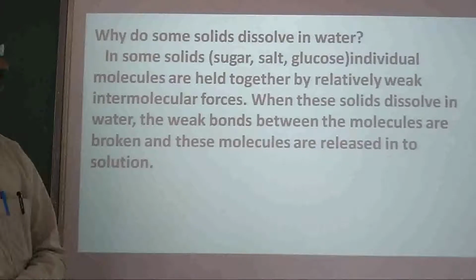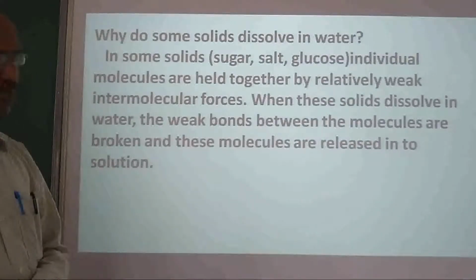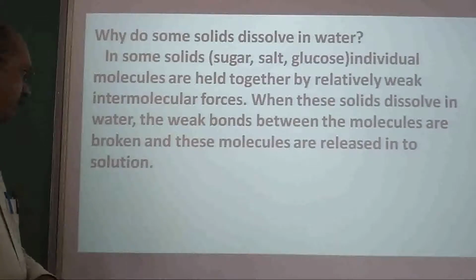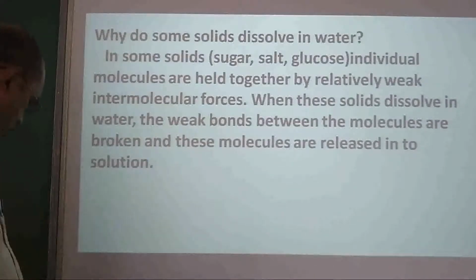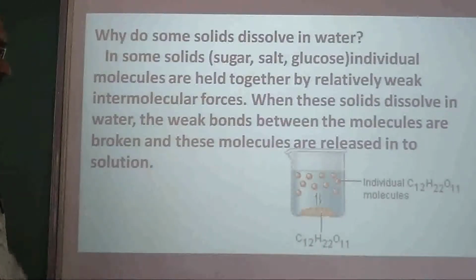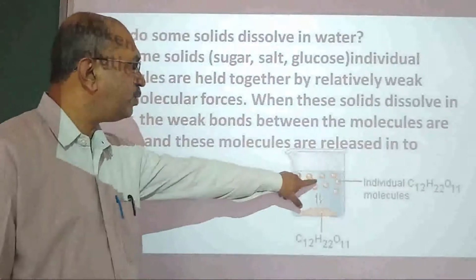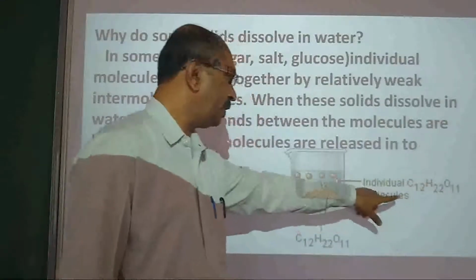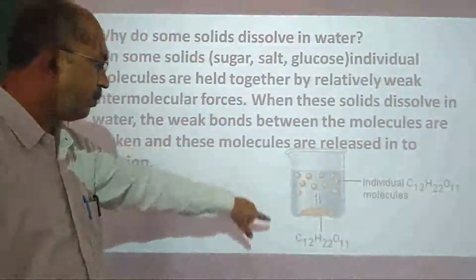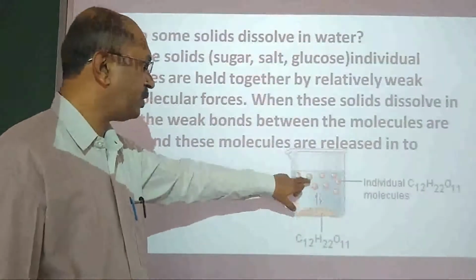When these solids dissolve in water, the weak bonds between the molecules are broken and these molecules are released into solution. Here you can see the water is here and this is the sugar particle, an individual sugar molecule. C12H22O11 is the molecular formula of sugar. The sugar is here. When it splits, it mixes with the water.